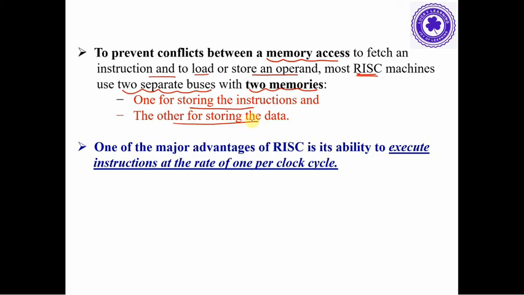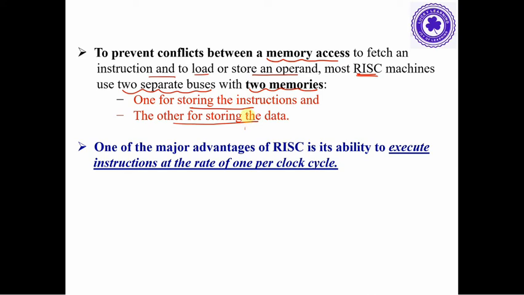Resource conflict occurs when one instruction wants to fetch an instruction from the memory and another instruction wants to fetch an operand from the memory. Both want to access the memory at the same time. That is a resource conflict.